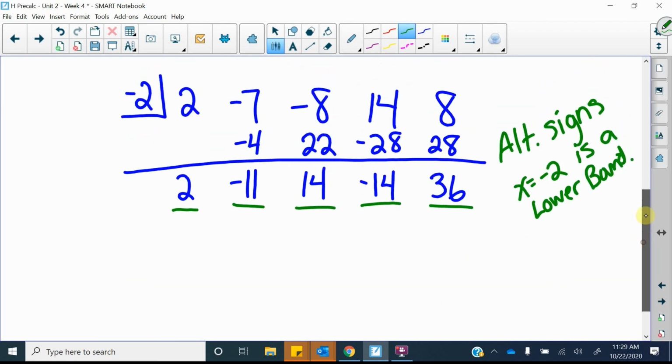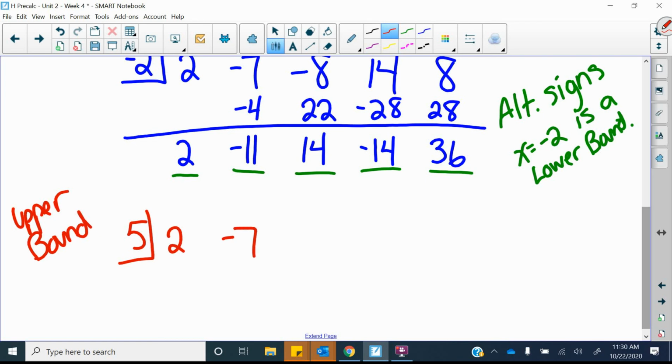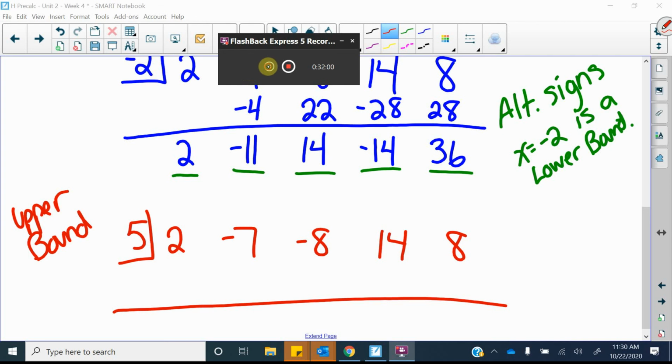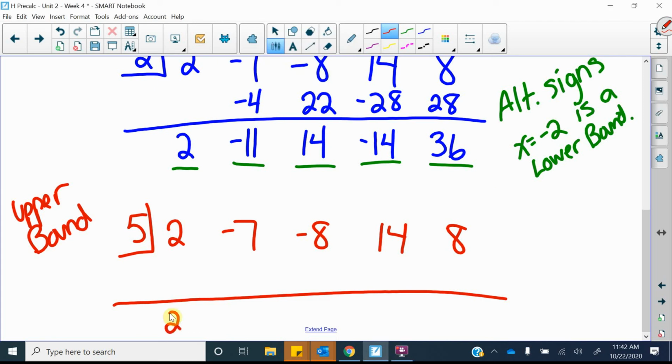We'll do the same thing with the upper bound as well. We have a 5 for this one, so I'm going to put 5 in here, and let's do the upper bound. I'm going to use the same numbers from the original polynomial in this case. All right, so we finished off our synthetic division.